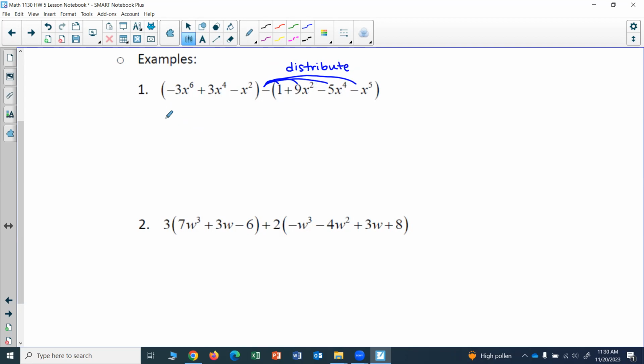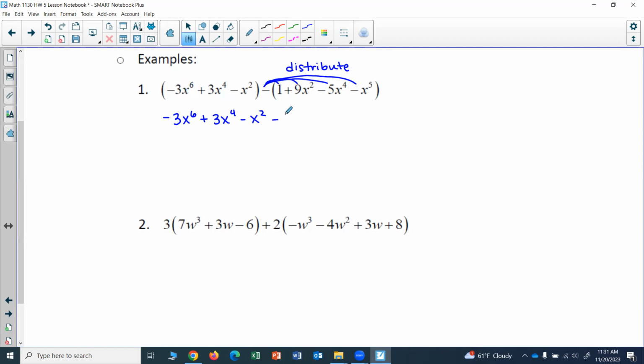So my first polynomial is going to remain as is, negative 3x to the 6 plus 3x to the 4th minus x squared. And I don't have to do anything to those terms because there was no coefficient written in front of that set of parentheses, so nothing to distribute.